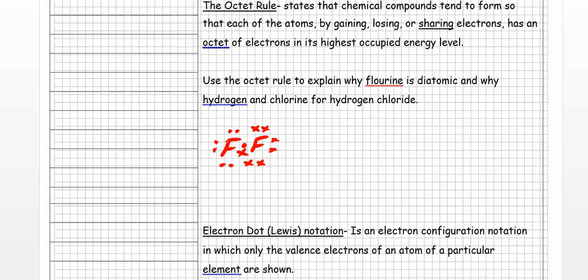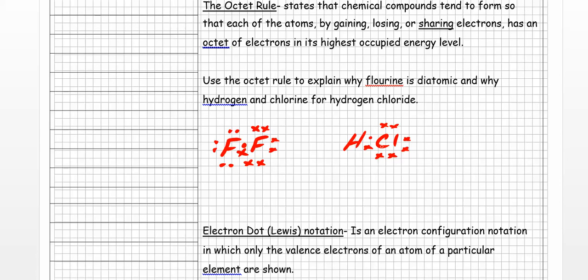Now what about hydrogen chloride? Why would that form a covalent bond? Well, remember, hydrogen has 1 valence electron and chlorine has 7. Again, I'll use little X's this time for those 7. Now look at the hydrogen on the left.